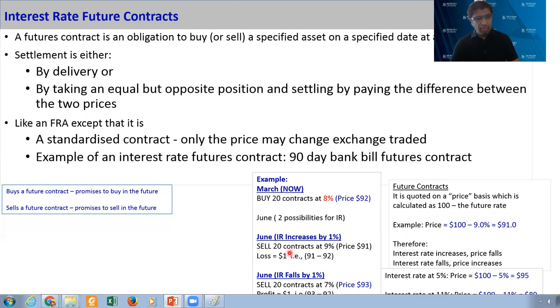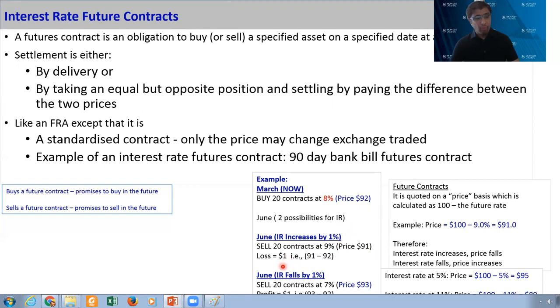Now if the interest rate increases by 1%, it becomes 9% and the price will be 91. You bought for 92 and you have to sell for 91. So in this case, there is a loss of $1.